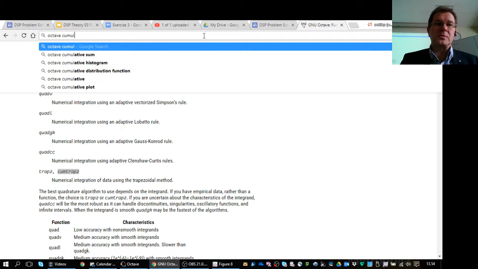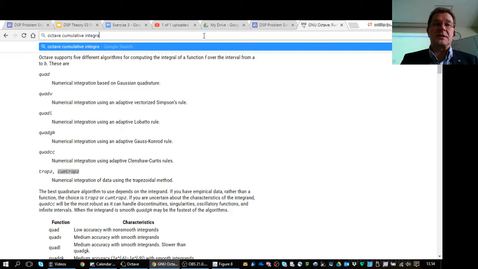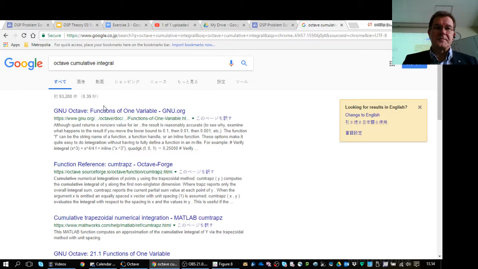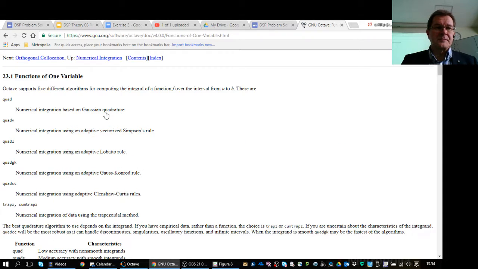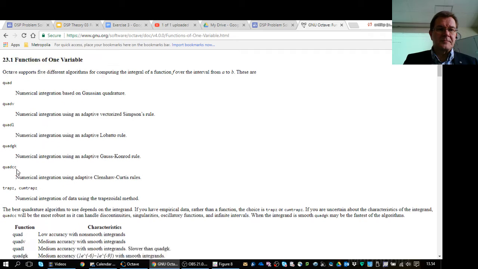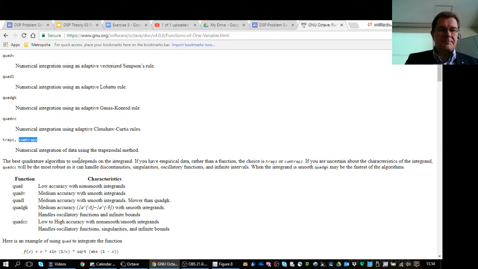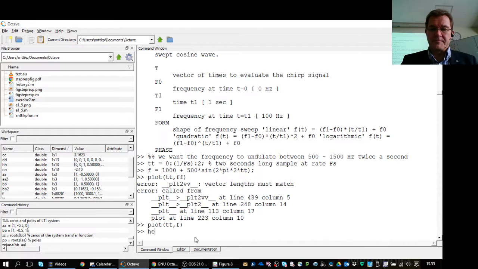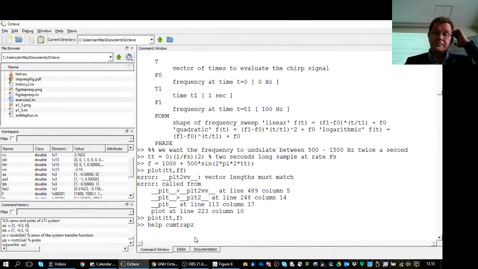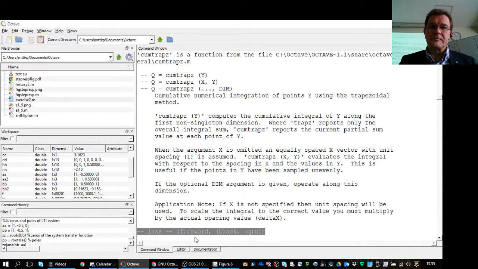Cumulative integral. Okay, cumtrapz. That's one numerical integration method. You just give x and y. x is the time and y is the data.